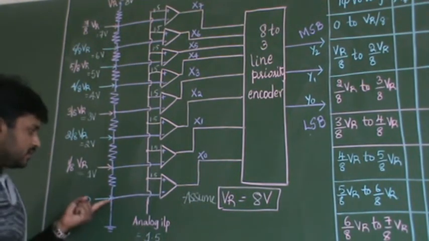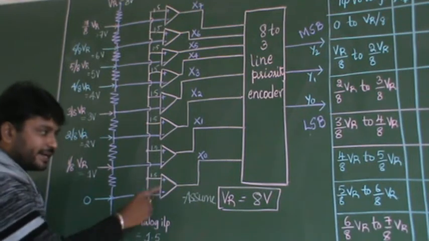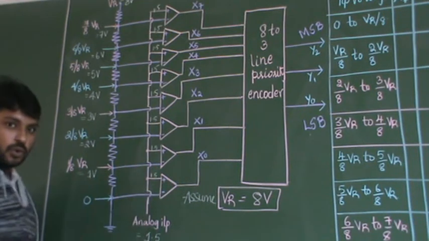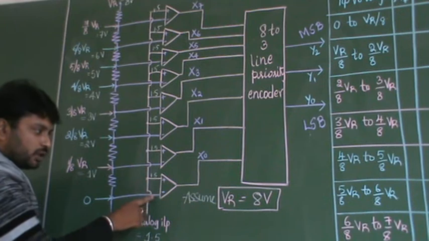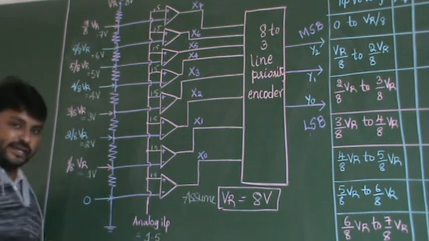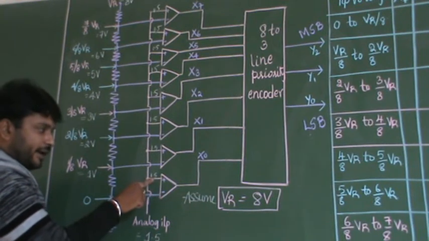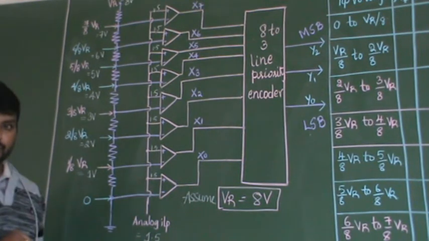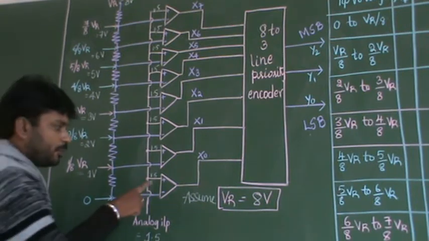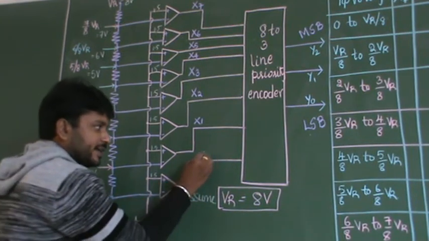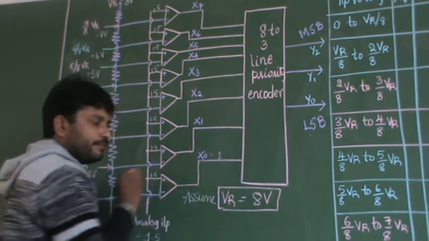Now what is the second quantity? That is, what is the voltage that you are providing to the negative terminal here? You are providing 0. So 1.5 is compared with 0. Which is greater? The positive terminal is greater. So therefore x0 you will be getting as 1.